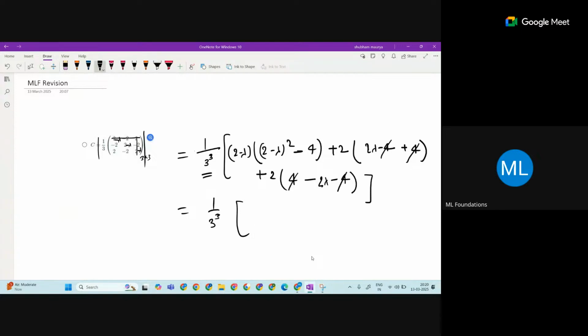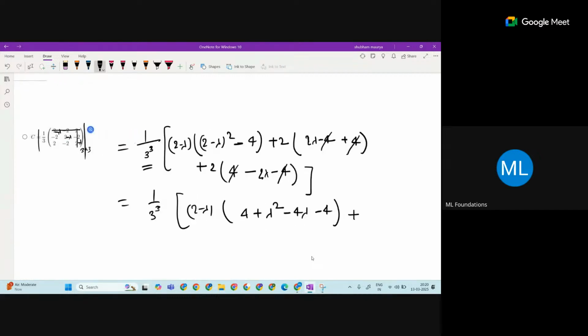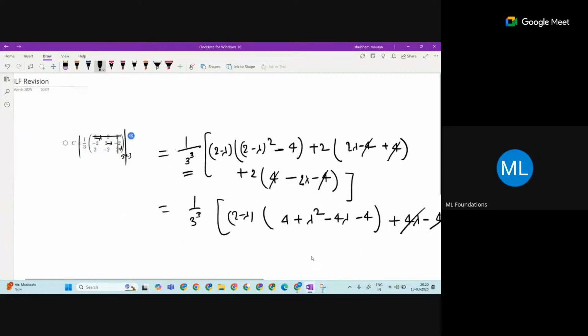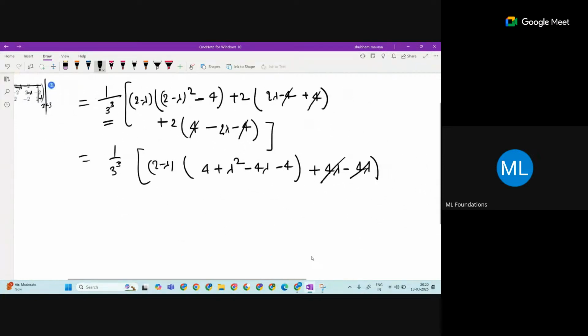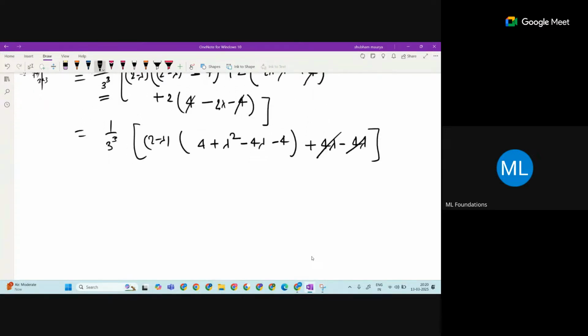Okay, let me open it. 2 minus lambda, and this is 4 plus lambda square minus 4 lambda minus 4, and this is going to be plus 4 lambda, and this is minus 4 lambda. So finally this will cancel out.